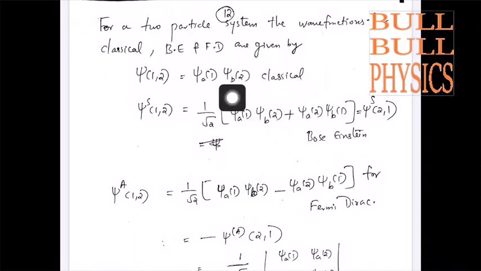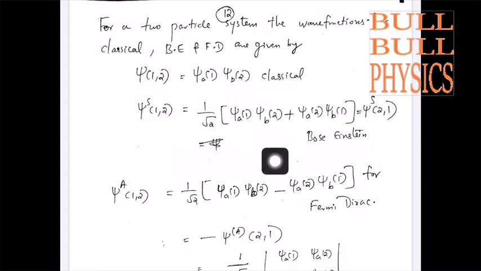Here we have two possibilities: psi_a(1) psi_b(2), and if you interchange the particles, psi_a(2) psi_b(1).